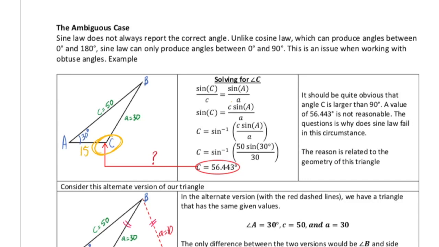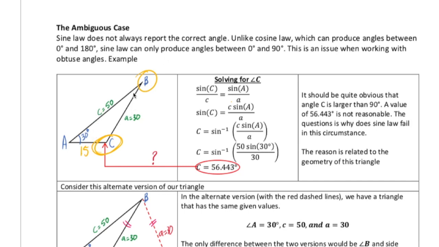If side B had a length of 15, which it doesn't, we know that 15 is not the longest side, and therefore angle B would be totally safe to use sine law. There's no chance that B could be an obtuse angle because it is not opposite the largest side.